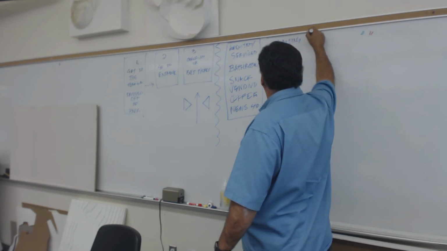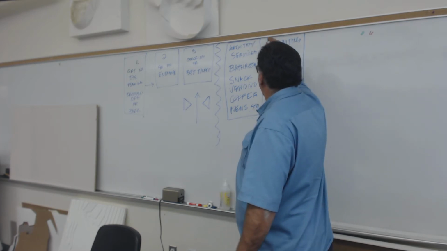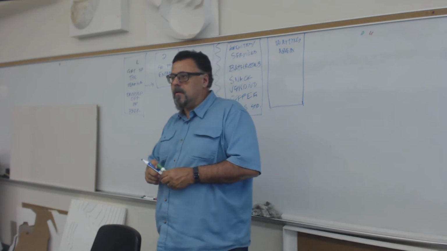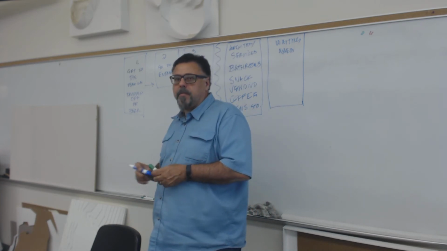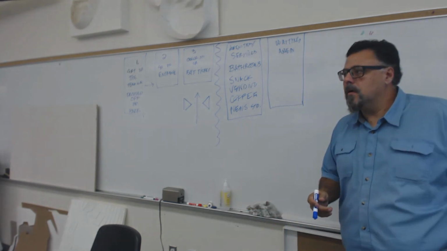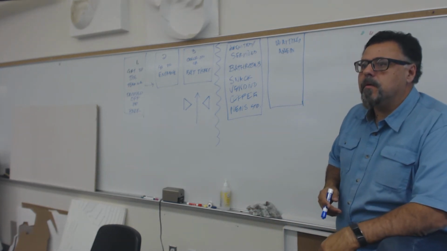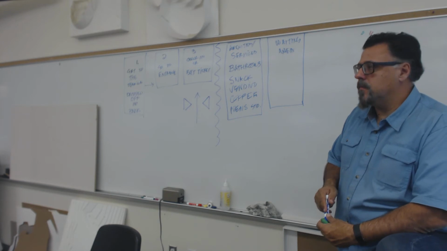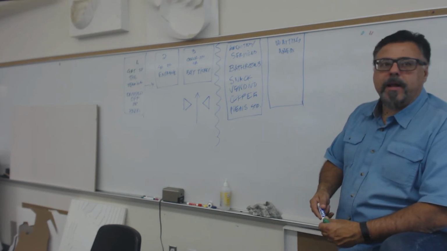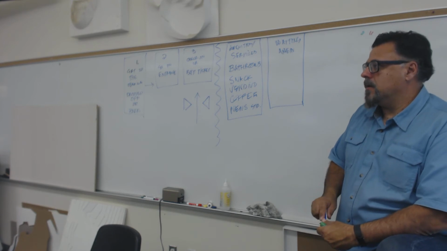Now, in looking at your program, you have two waiting areas, don't you? If you look at your project prompt, do you have one waiting area or two? What's the distinction between the two of them? One's inside and one's outside. That's right. There's an indoor waiting area and an outdoor waiting area.